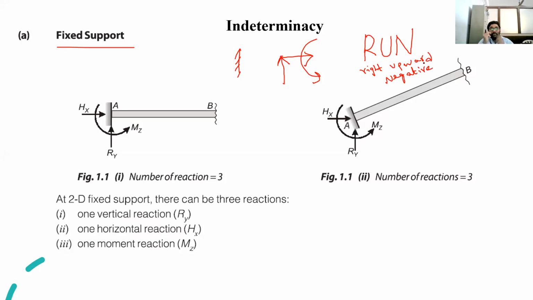Automatically, left upward will be positive. If you want to remember one specific terminology for sign convention, you can remember this RUN. Now, a fixed support can have three reaction components: one vertical, one horizontal, and one moment. So if you have fixed, it means the reactions are equal to 3 by default.